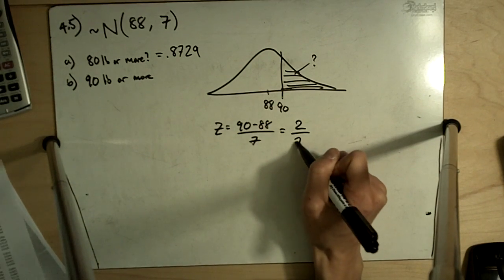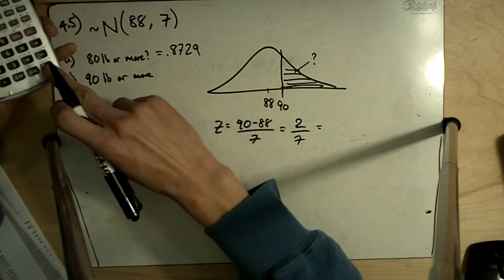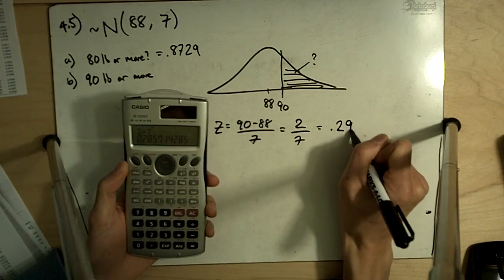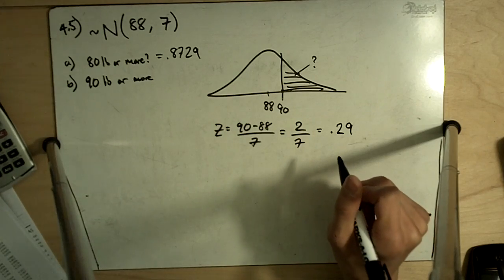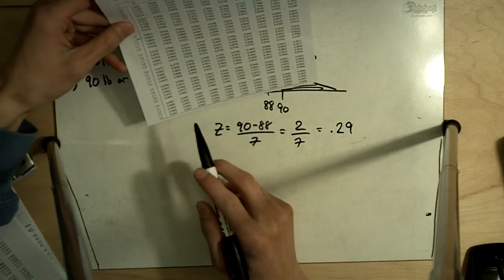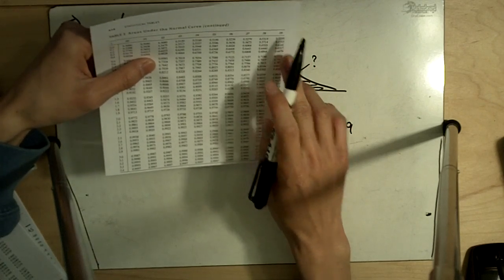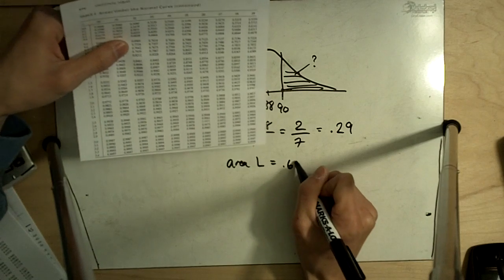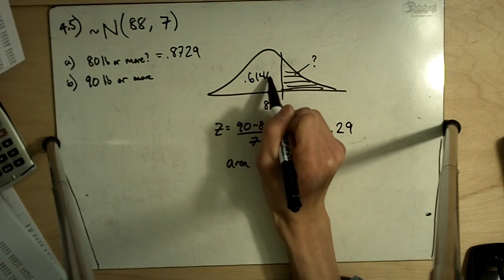We get 2 over 7, which is equal to 0.29, rounded to the nearest decimal. Area to the left of 0.29 is equal to 0.6141. So that's 0.6141 over there.